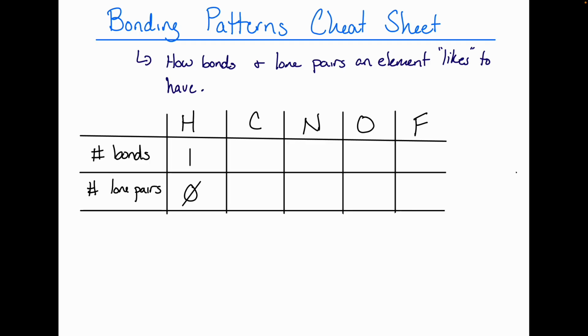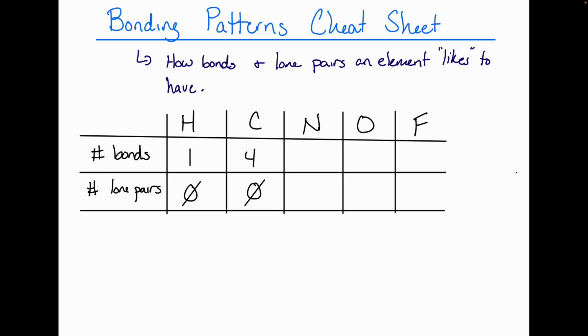All these other elements are trying to complete their octet, right? So they're trying to get to a total of 8 electrons. Carbon likes to have how many bonds? 4. And that's its 8 electrons, so it won't have any lone pairs. All right, what we're going to see is this trend here.